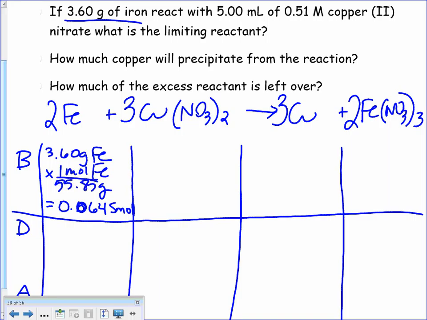How am I going to find the moles for the other reactant? Using this information, how do I find the moles? Maybe remember this from homework last night? Look at your number. Yeah, Scott.